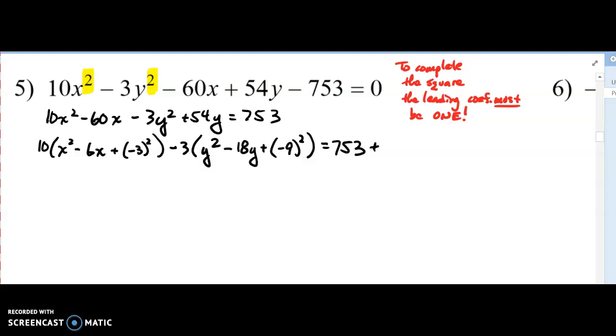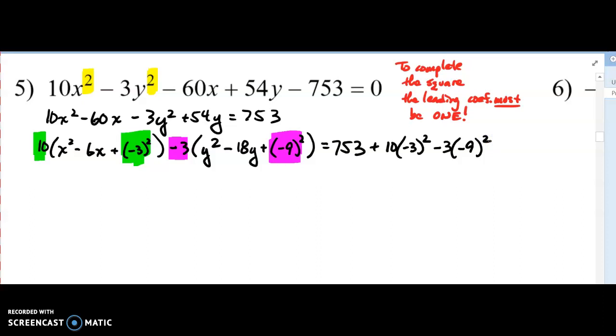Now, over here, I actually added 10 times this. So plus 10 times negative 3 squared. Again, this is a really common place to make mistakes. And then over here, I have negative 3 times negative 9 squared. So minus 3 times negative 9 squared.